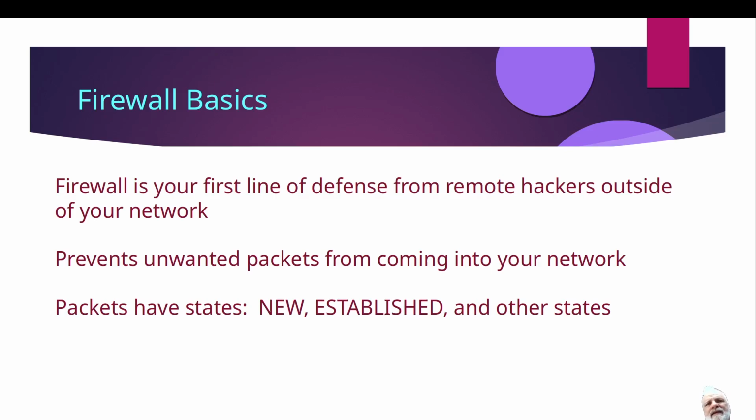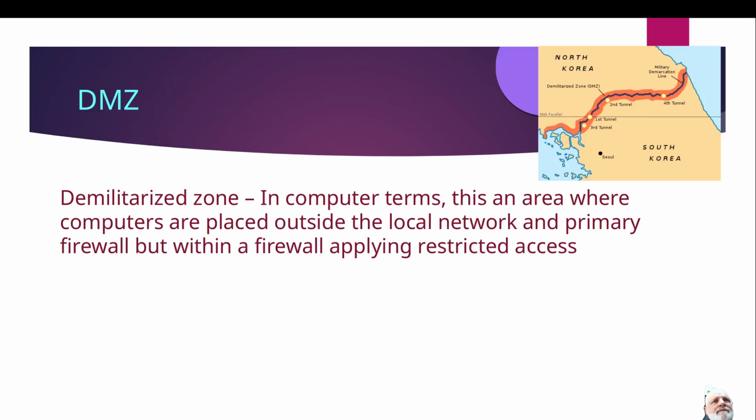These states are how the firewall can tell if someone is making a new connection or just sending stuff back from a previously initiated connection, which would be established. Okay.